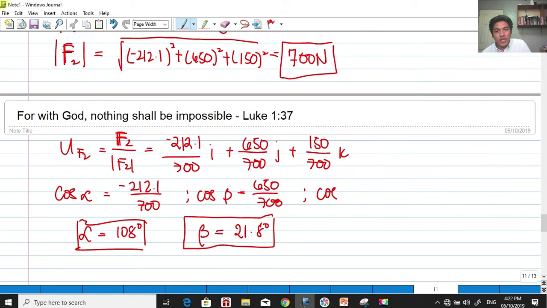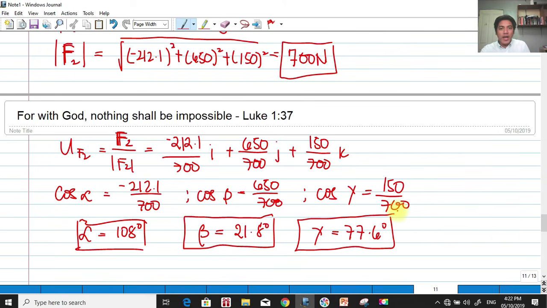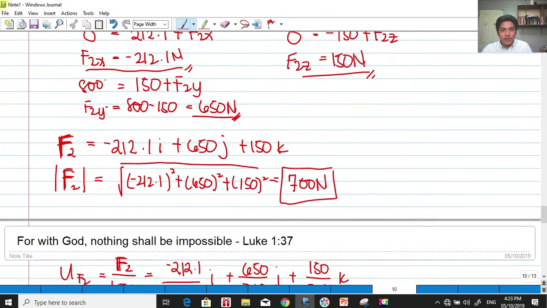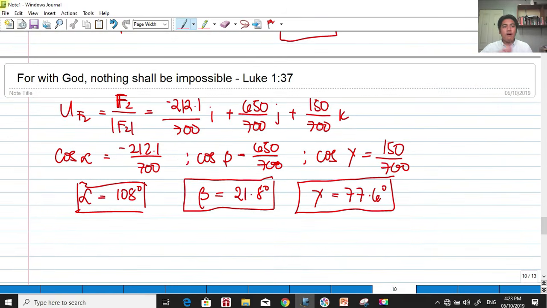So we have cosine gamma equals 150 over 700, and our gamma would be 77.6 degrees. And that's it. That is our answer. The magnitude of force 2 is 700 newtons, and our direction angles are 108 degrees, 21.8 degrees, and 77.6 degrees.